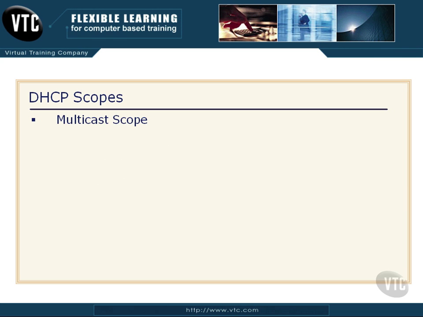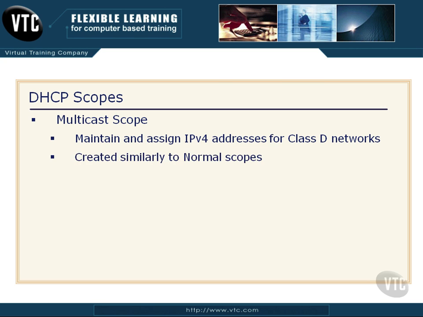Now the multicast scope is just exactly what it sounds like. This is going to maintain and assign IP version 4 addresses for class D networks, which is your multicast IP addresses. And this is created and maintained very similarly to normal scopes.